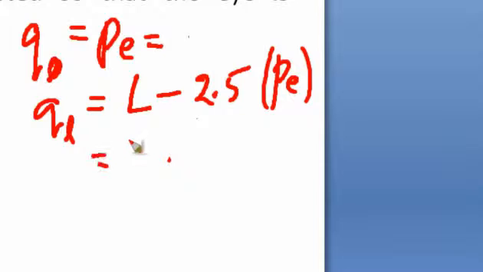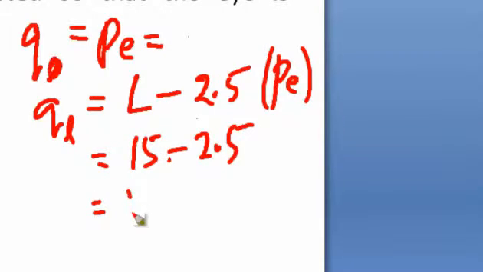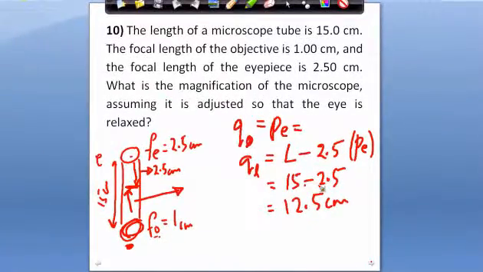So 15 minus 2.5, we get 12.5 centimeters. Once you get Q, which is 12.5 centimeters, next we try to find what PL is equal to. To do that, we use the mirror equation.